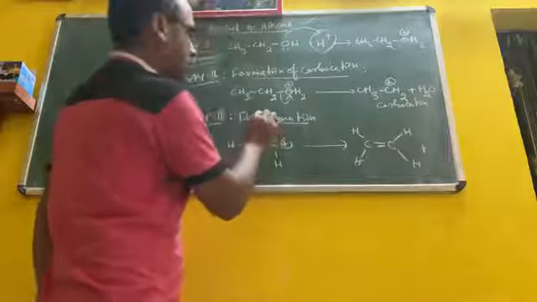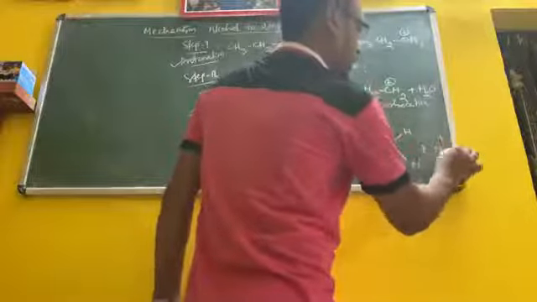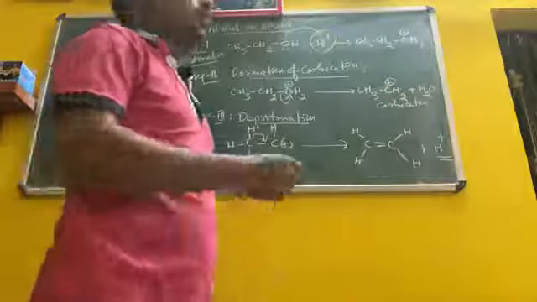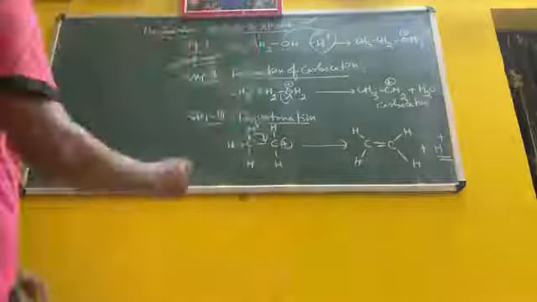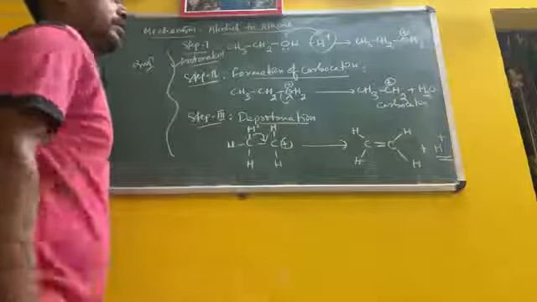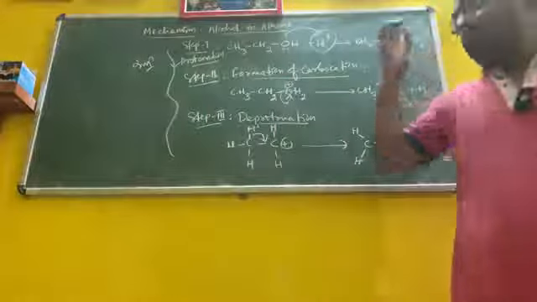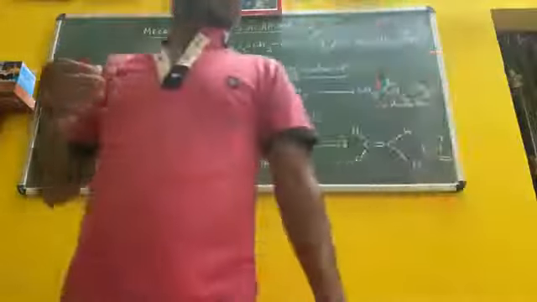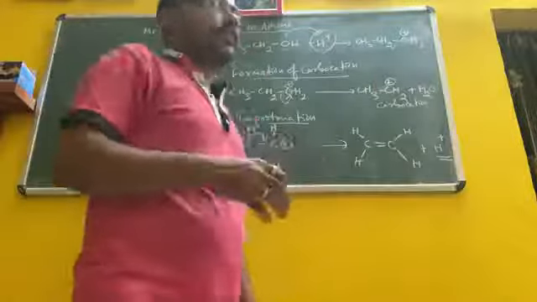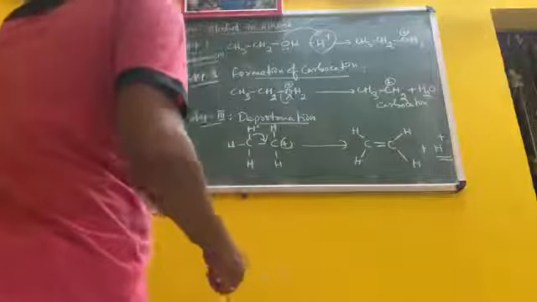The hydrogen will be positive. This is known as removal of proton, or deprotonation. This is an important mechanism. These questions came in previous years. Both mechanisms, alkene to alcohol and alcohol to alkene, are important and came in examinations.